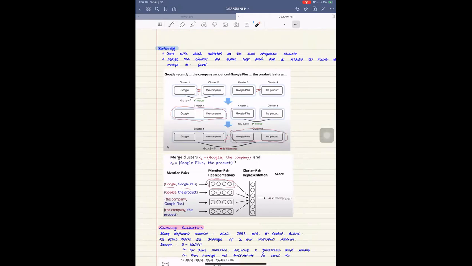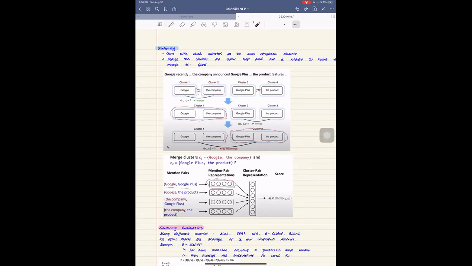So let's take an example just like this one. Google recently, blah, blah, blah, the company announced Google Plus, blah, blah, blah, the product features. So basically we have four mentions. Okay, we have four mentions. What we do first is list each mention as a cluster of itself.